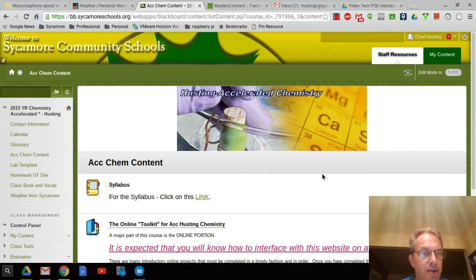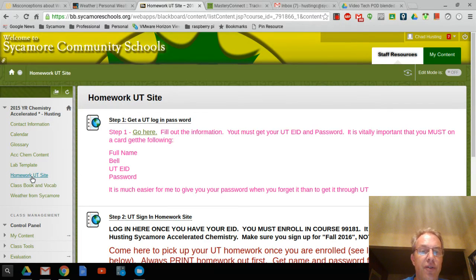So here's the deal. If you look over here on the site, you want to click on the Homework UT site. Once you go there, the first step is to get a UT login password. It says go here. You just fill out the information and make sure to write down on a piece of paper your full name, what bell it is, your UTE ID, educational ID for University of Texas, and the password.